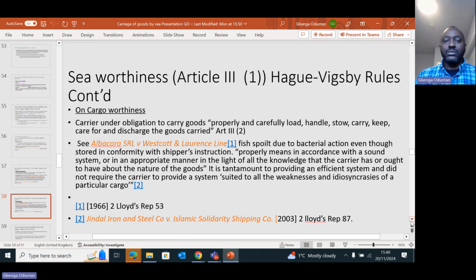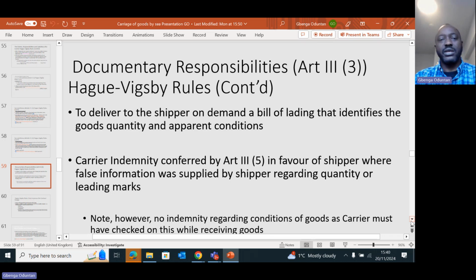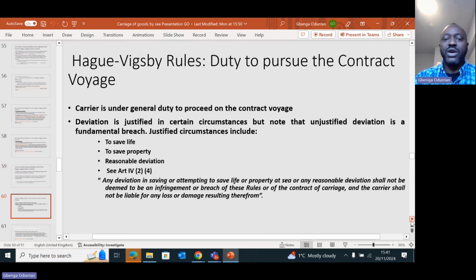That's an exception. But if it can be shown that the cargo worthiness of the space where things are stored was not proper, then the seaworthiness is also called into question. Cargo worthiness is an aspect of seaworthiness. Another surprising thing might be that not having the right shipping papers is also an aspect of cargo worthiness.